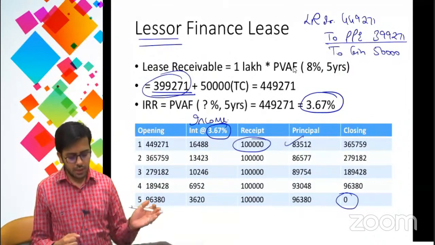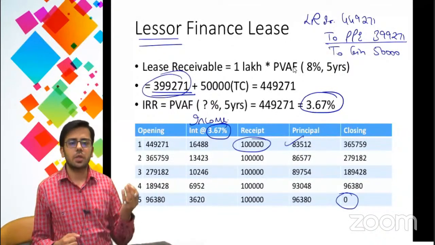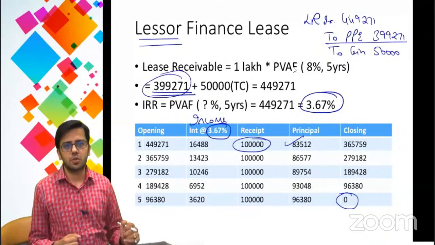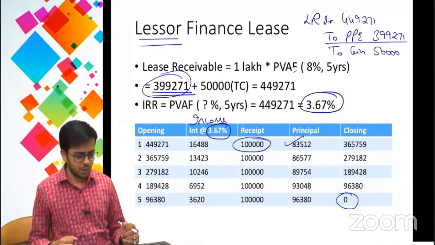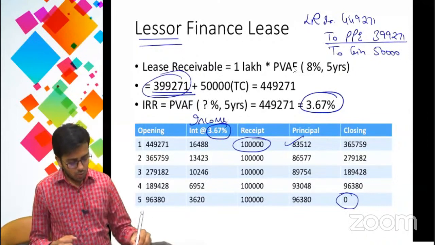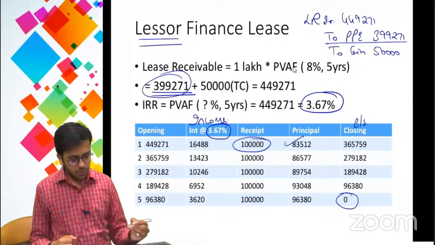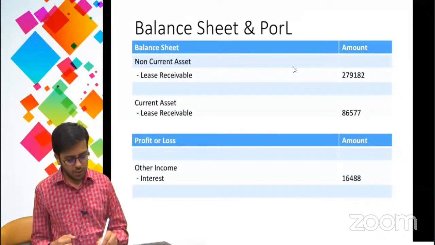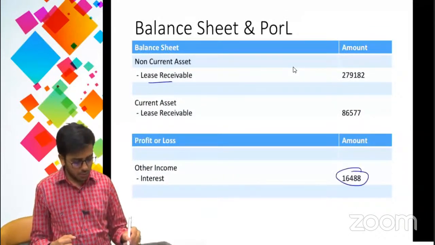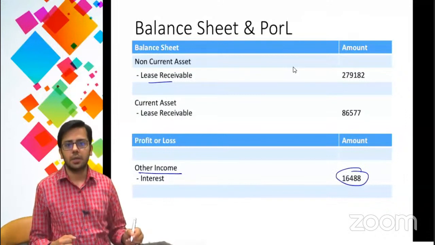So if I reduce 16,488, the principal portion that he has got back is 83,512. The remaining is something that will appear in the balance sheet in the form of lease receivables. So we can see in non-current assets, we have lease receivables. Interest income is something that appears under the head other incomes.